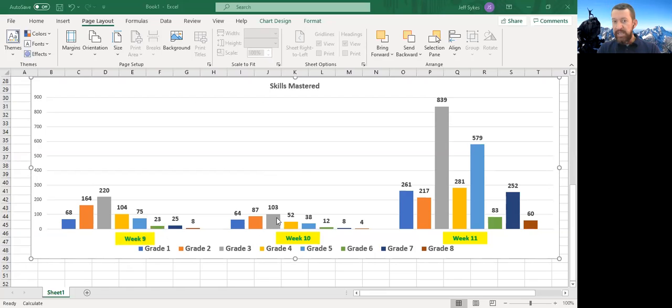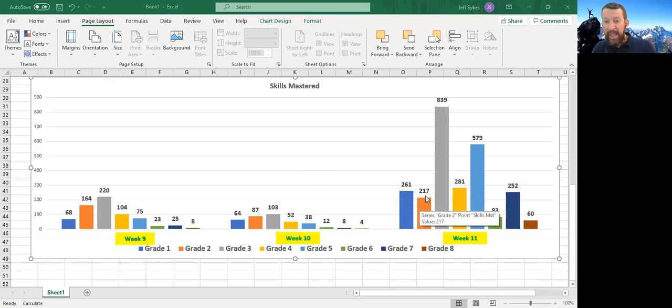Now, week 10 was Eid, but at the same time, look what's happened from week 10 to week 11. You've been emphasizing it in your class more, and we've gone from grade 1 mastering 4 times as many skills this week as they were last week. In grade 2, they've almost tripled, but they've definitely doubled the amount of skills that they've mastered from week 10 to week 11, the average amount of skills.